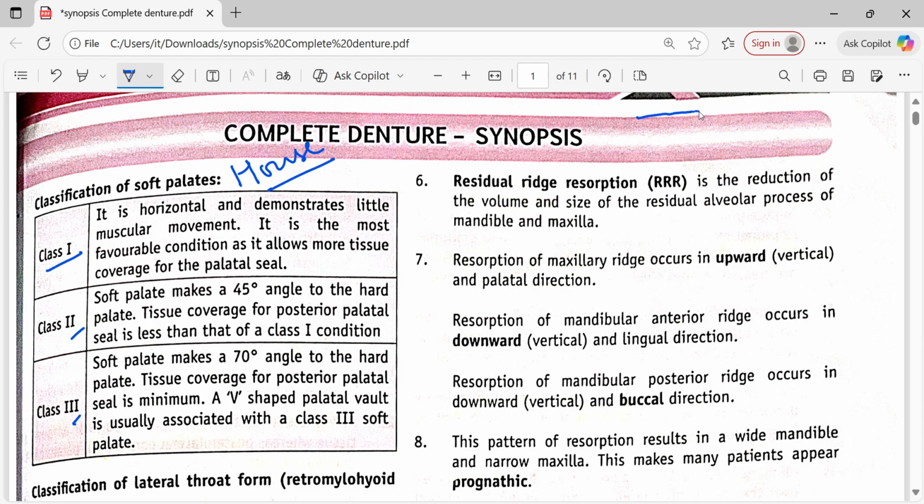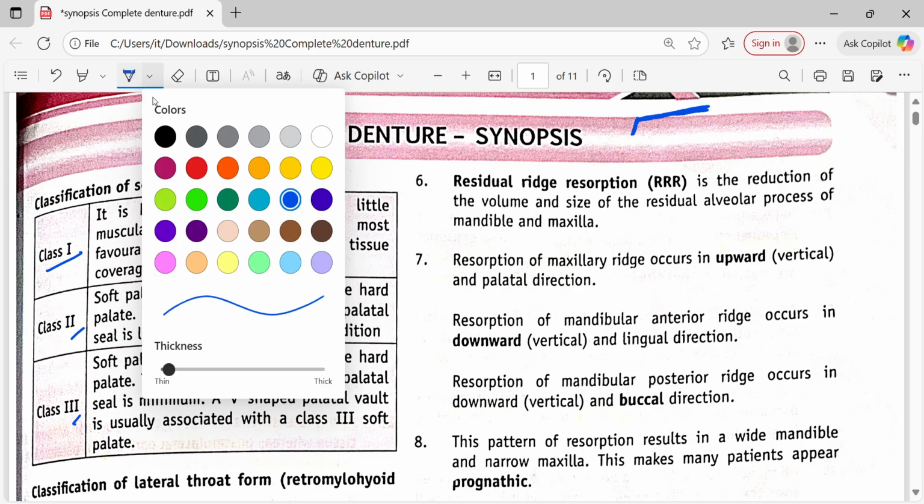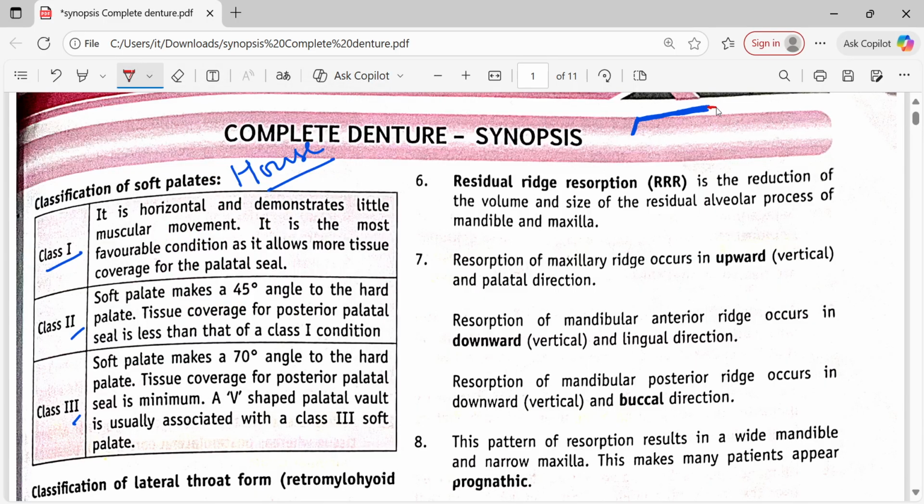Suppose this is your hard palate, and this is your incisor. Now it makes an angle with the soft palate. So this is your soft palate, and if you extend this line, this angle is the base of the classification.